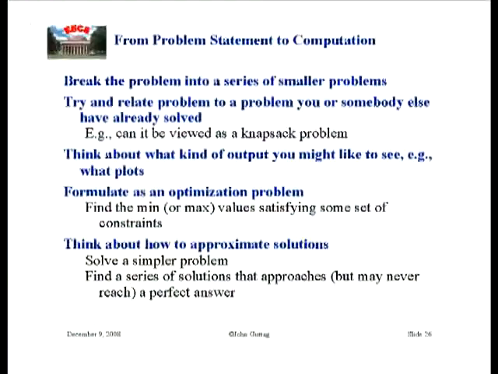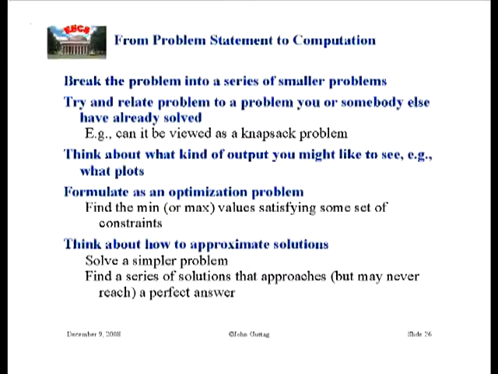Going from problem statement to computation, we said a lot of this. You break the problem into a series of smaller problems. Ideally, reducing it to a problem that you already have code to solve or somebody else's code to solve. My first instinct when I have to solve a problem is I go to Google and I think about, oh, this is really an X problem, a shortest path problem.